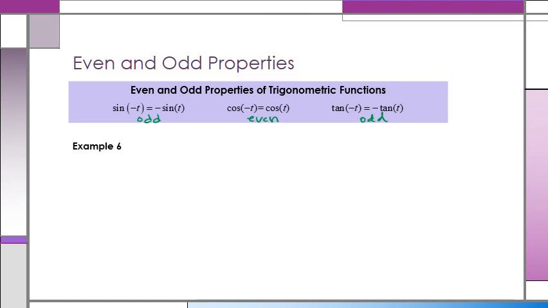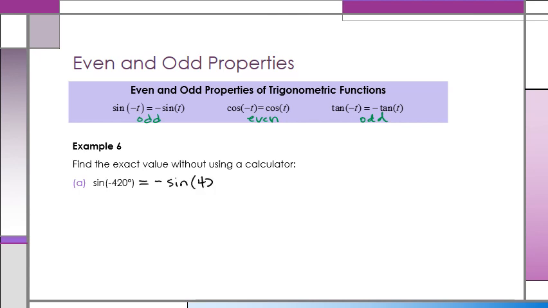So let's see, how does that help us? Find the exact value without using a calculator. Our first one is the sine of negative 420 degrees. Because sine is an odd function, we can say that the sine of negative 420 degrees is equal to negative sine of positive 420 degrees.